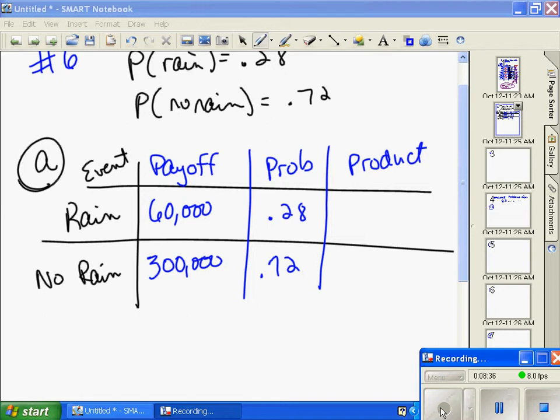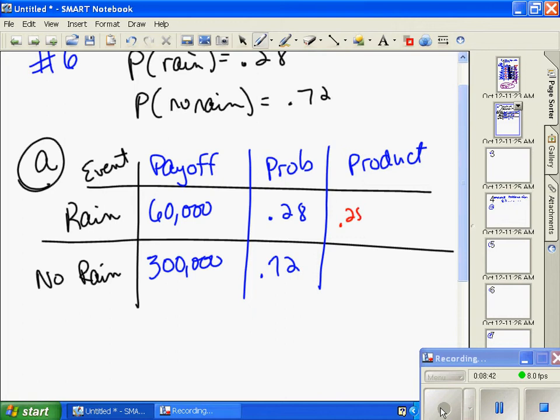Okay, so now we're ready to multiply our payoff times our probability. So I'm basically multiplying 0.28 times 60,000. Now, when you do this, remember we're not going to be able to use a calculator, at least not with these problems. I just have to worry about taking 28 times 6.